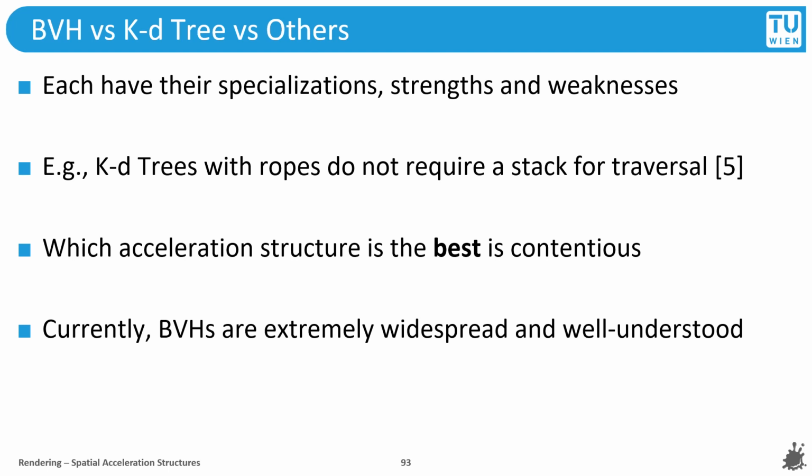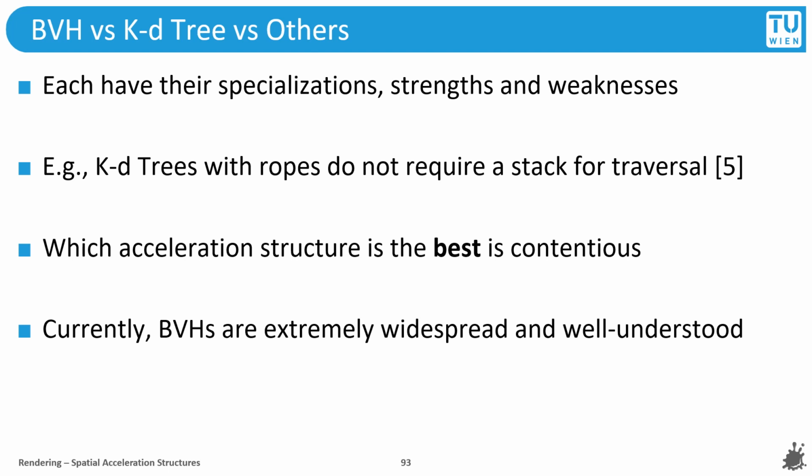For instance, in setups where we actually cannot have a stack or a stack-like structure, there are, for instance, KD trees with ropes, which enable a stackless traversal, which is also something that you could look at if you're interested in the list of sources. And which acceleration structure is actually the best is highly contentious.